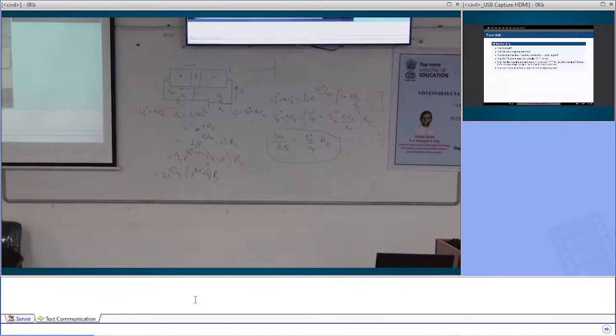That's a gain of 10,000. If I want a gain of 10,000, which parameters can you select of the amplifier? Or if I want a large gain, which parameter do I need to make large?